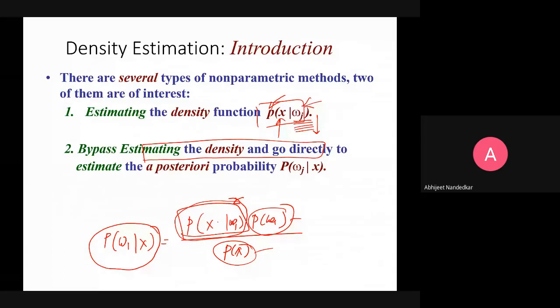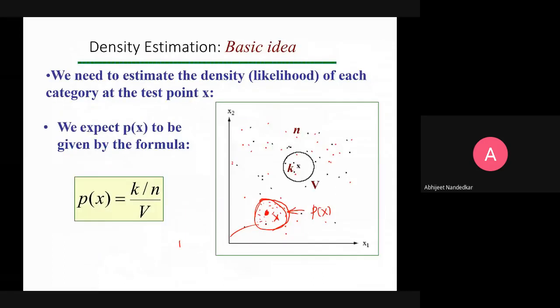Okay, so the thing is that you will estimate the probability density function by counting how many samples fall in your bin, divided by the number of samples, divided by the volume of that bin.